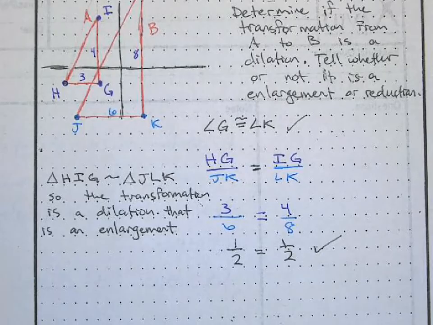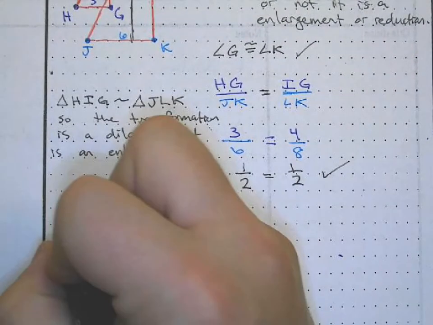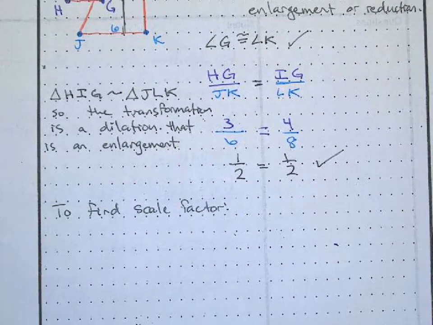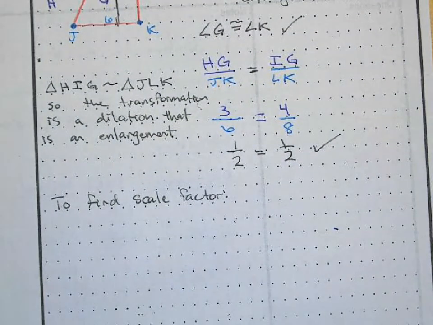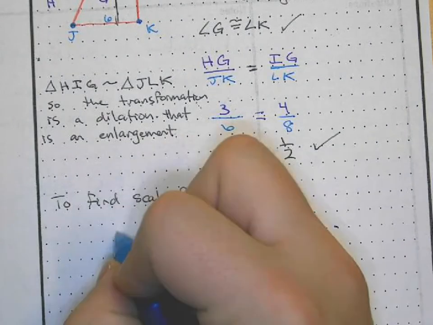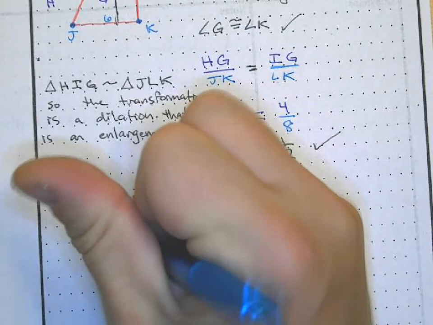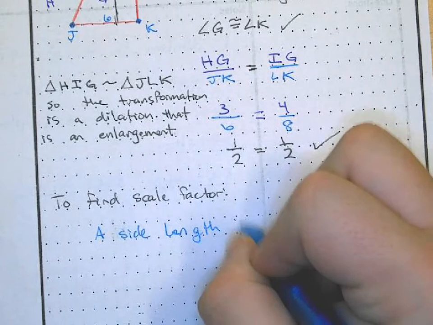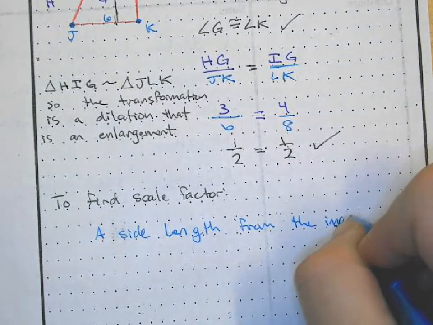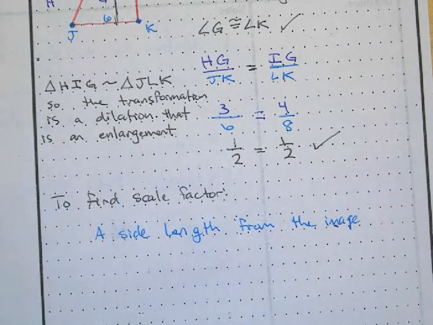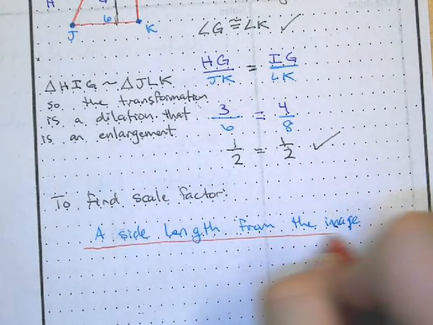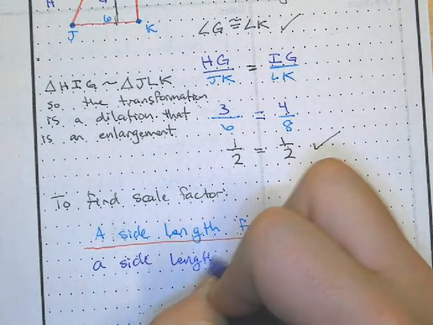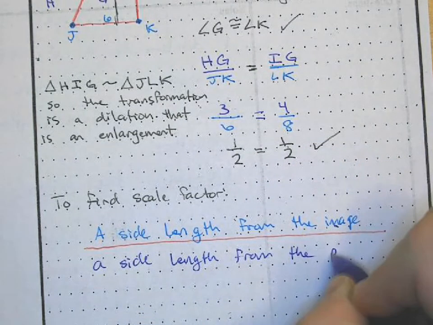Now to find the scale factor, this will be the last piece we talk about. All we're going to do is take a side length from the image, and then divide that by a side length from the pre-image.